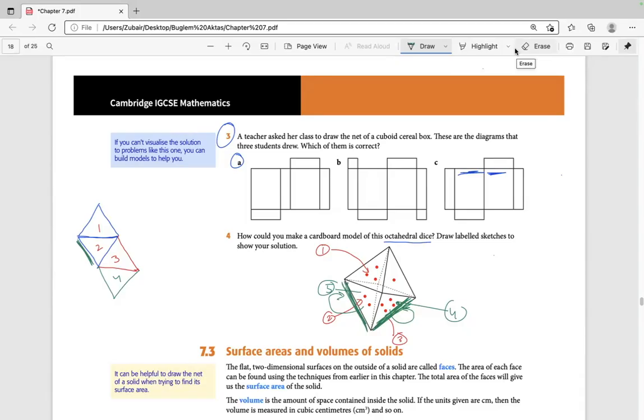Do you agree that fifth side could possibly be here? Yeah, because it's beside them. So this is number 5.